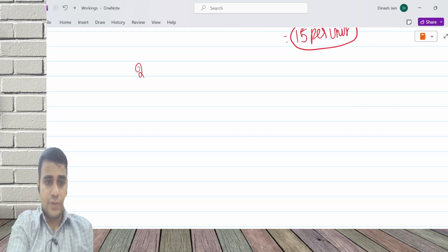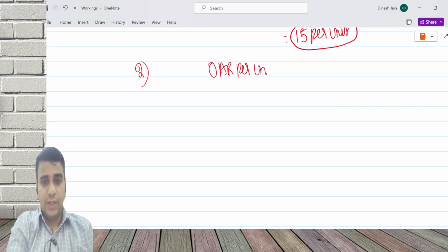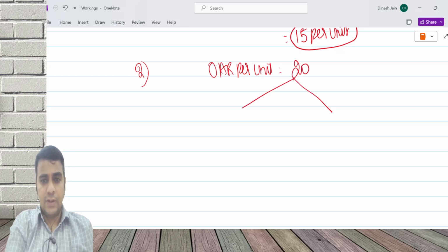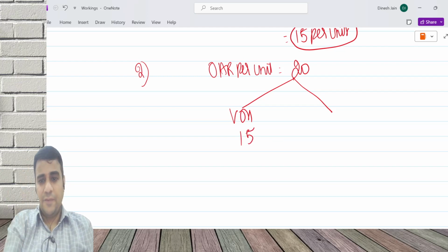Point number 2. Overhead absorption rate per unit is equal to 20. Bifurcation: variable overhead 15, fixed overhead 5 rupees per unit.